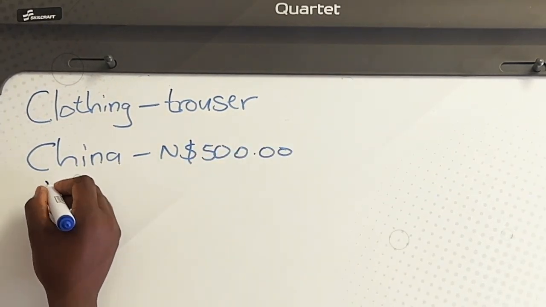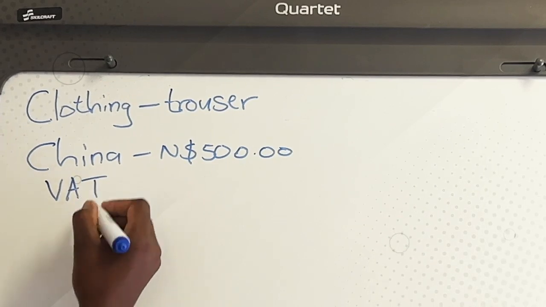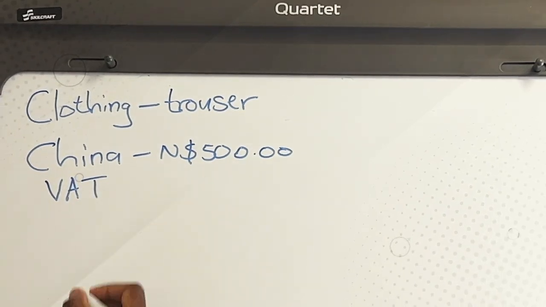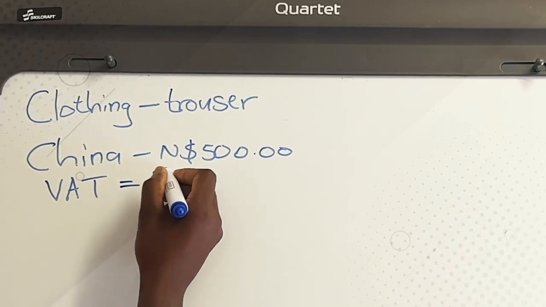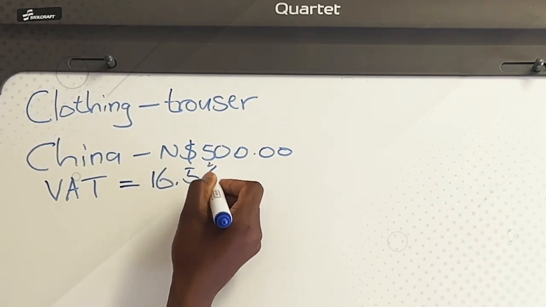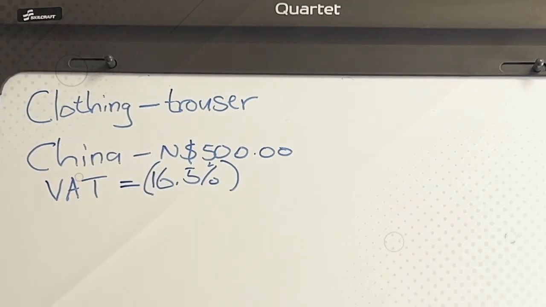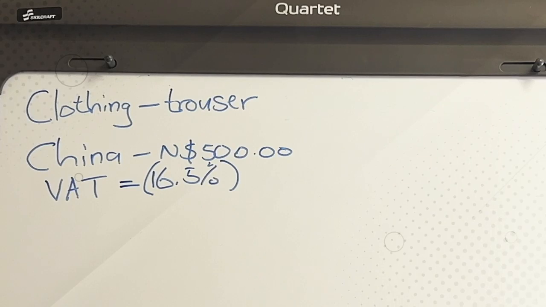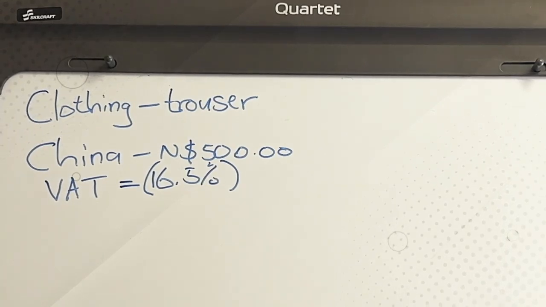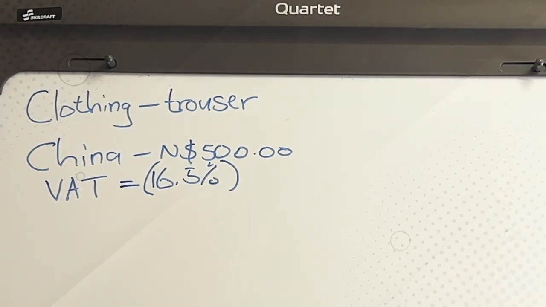Apart from the customs duty that the trouser has to pay, the VAT stands at 16.5% import tax. Now, what determines what other duties need to be imposed? It's really where it is arriving from.